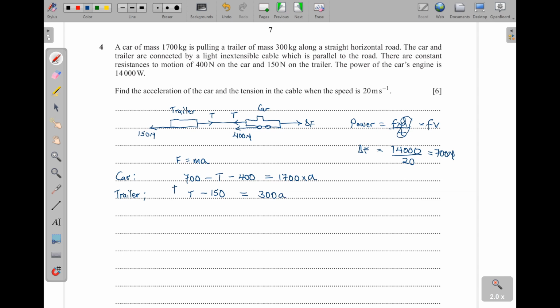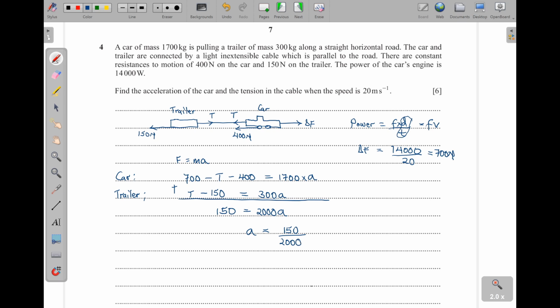Now, solving this simultaneously, I can just add to eliminate the tension. Now, I'll have 700 minus 400, that is 300. Now, 300 minus 150, this will be 150. And then this other side, when I add, we shall get 2000 A. So meaning A is going to be equal to 150 over 2000.